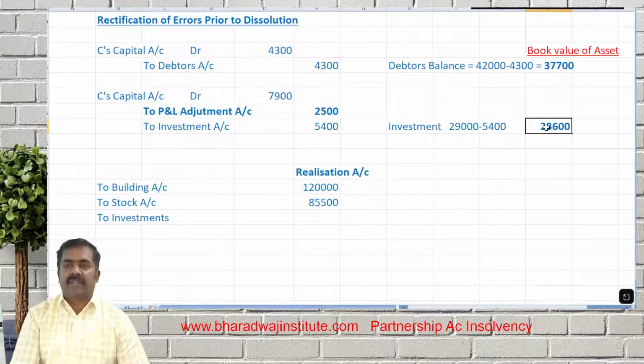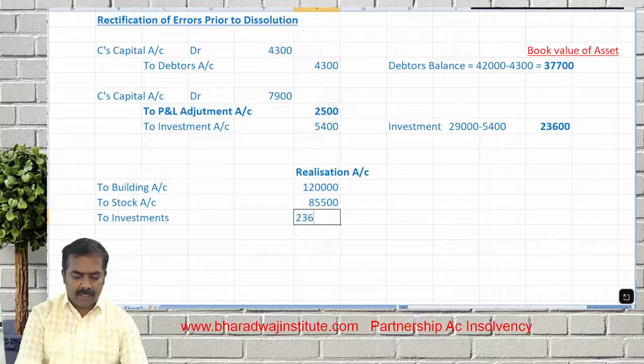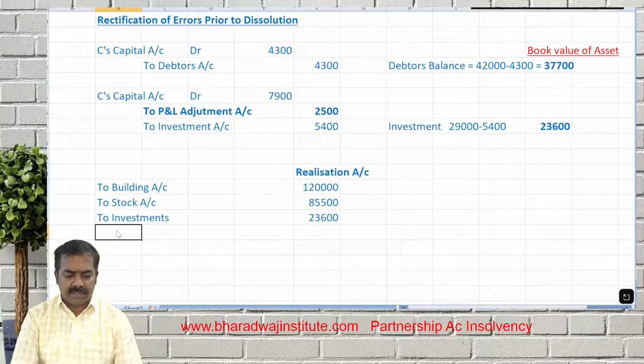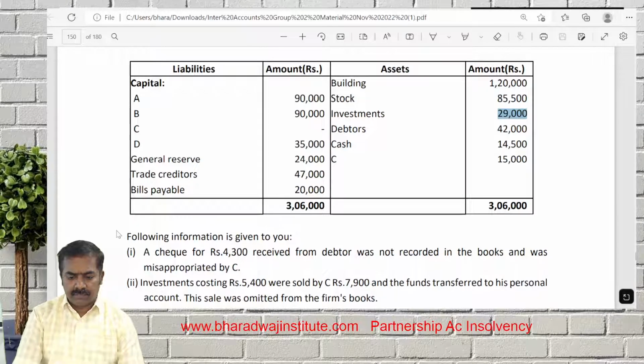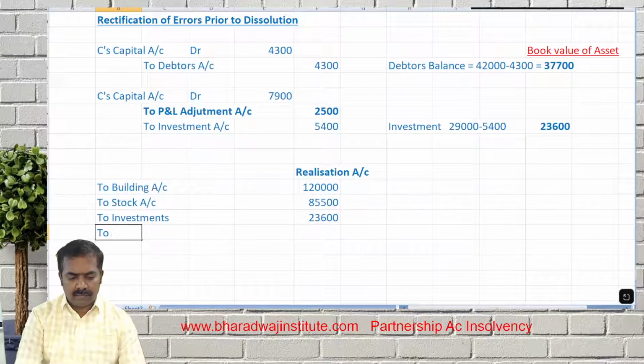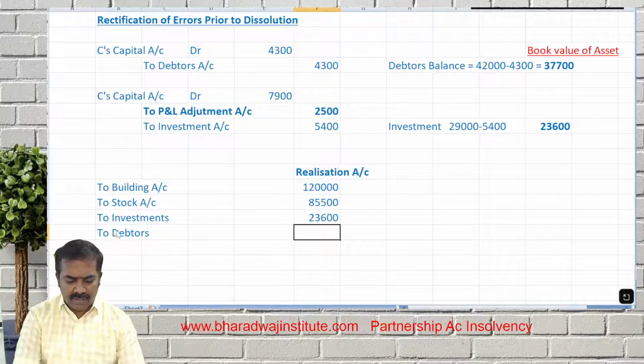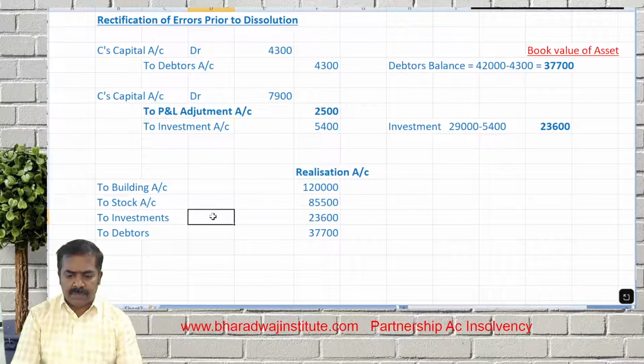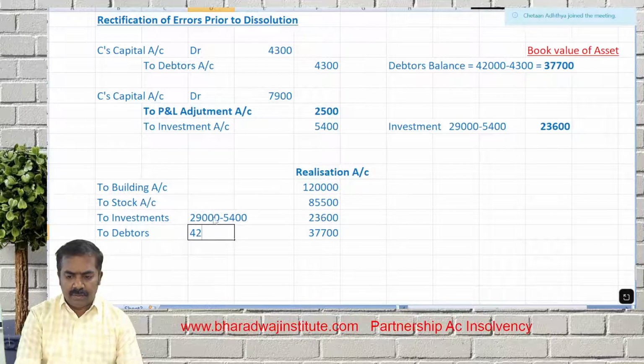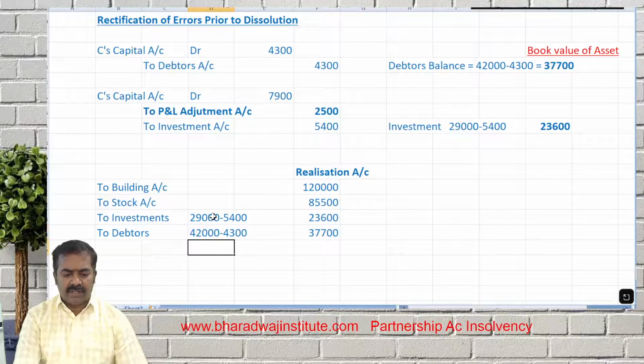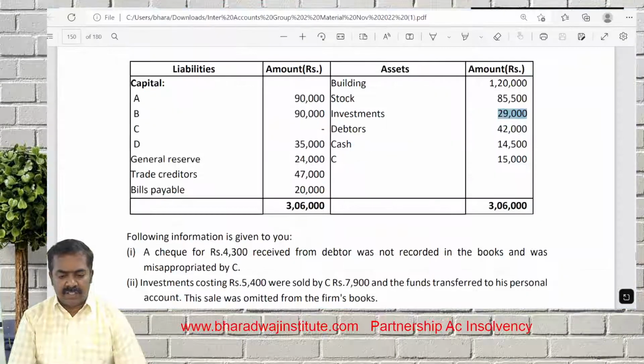After rectification of error, it is how much? 23,600, investments. Debtors 37,700. Investment is 29,000 minus 5,400. Debtors how much? 42,000 minus 4,300. Then what is the next asset?